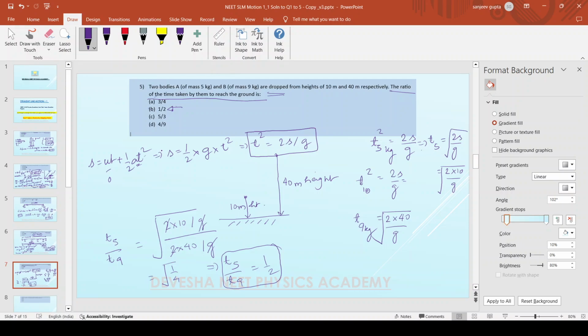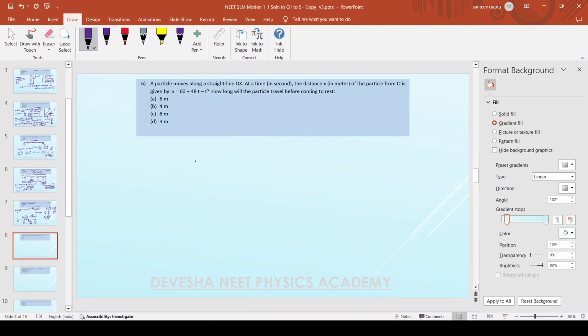Let's go to the next one. A particle moves along a straight line, say OX. Imagine this particle is moving along a straight line OX. This is O, this is X. The distance x of the particle from O is given by this equation here.